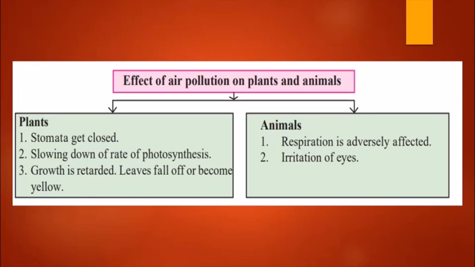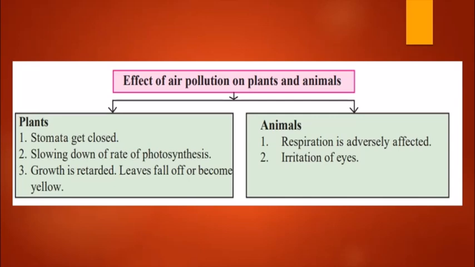In animals, we can have respiratory problems, especially if people are working in an industry based on pollutants. If smoke is released all the time, those people suffer from respiratory disorders, and because of the harmful gases, even eyes can be irritated.